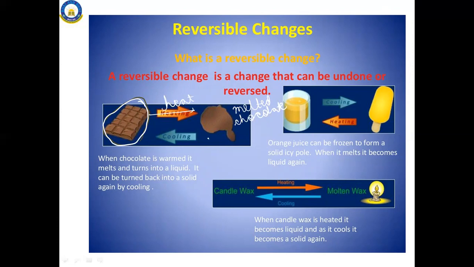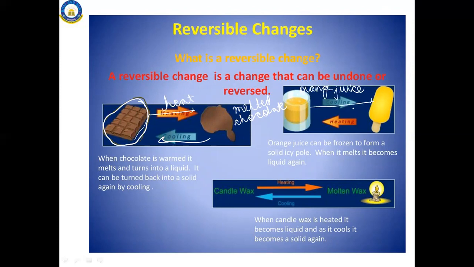And again, if you cool this melted chocolate, it will take the shape of the normal container. This is one such example. And here it is, orange juice.